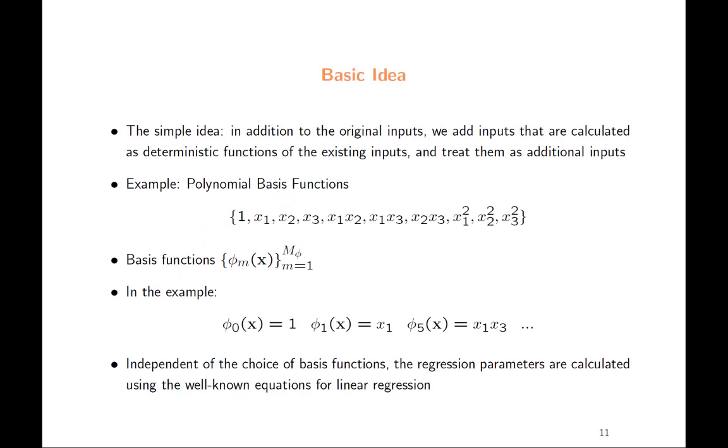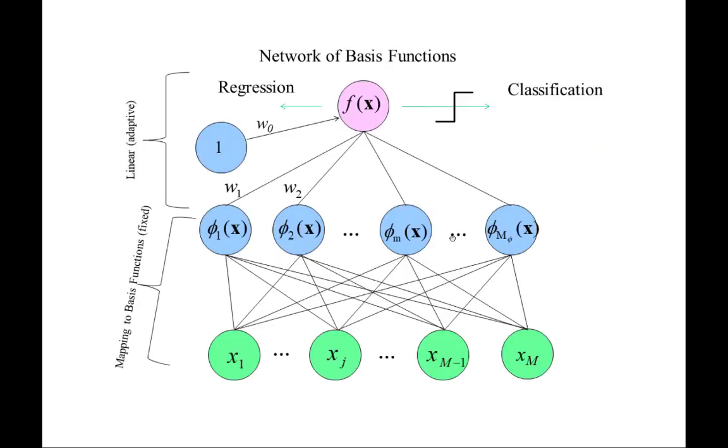Very common basis functions are these polynomial basis functions, which are formed by the original inputs and then by products, and then higher order products of the inputs. If you want to look at it as a network, we have inputs here, x1 to xm.